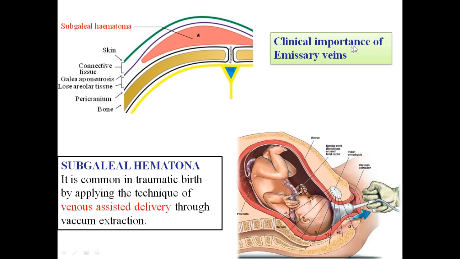The clinical importance of the emissary vein. Here we can see the subgaleal hematoma, which occurs commonly in the loose areolar tissue, and it can extend to the periosteum of the skull.